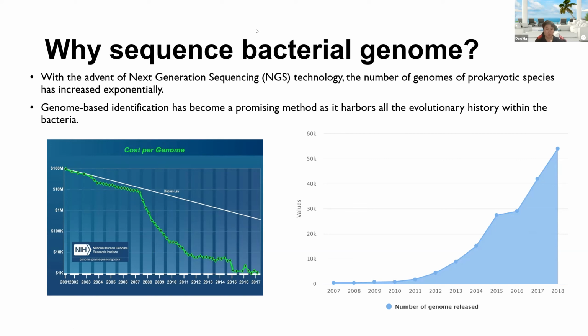Up until 2018, we had more than 50,000 bacterial genomes in the public repository. And as we have more data, it became one of the promising methods to identify species and perform other comparative analysis, so we get to understand bacteria better.